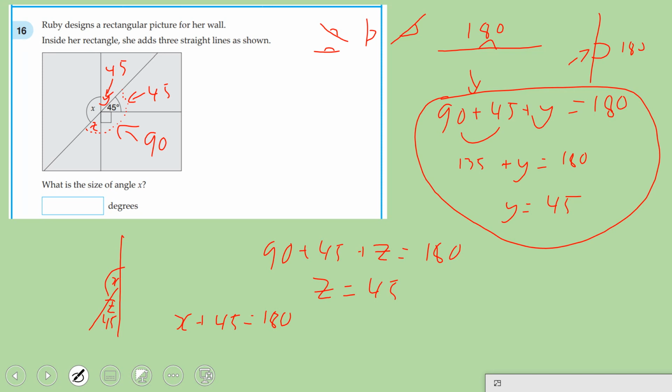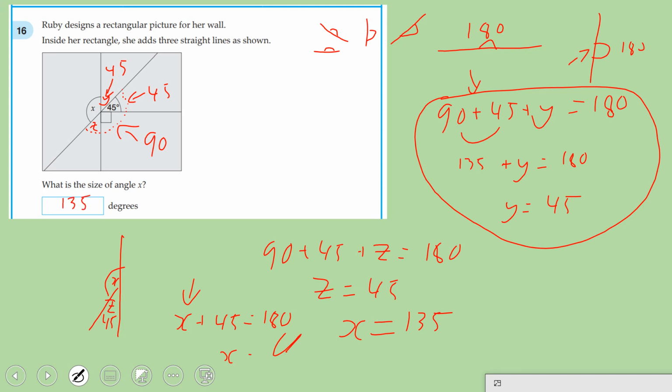So we minus 45 from both sides to get the X by itself. Oh, have I done too much drawing? No. X equals 135. Easy enough.